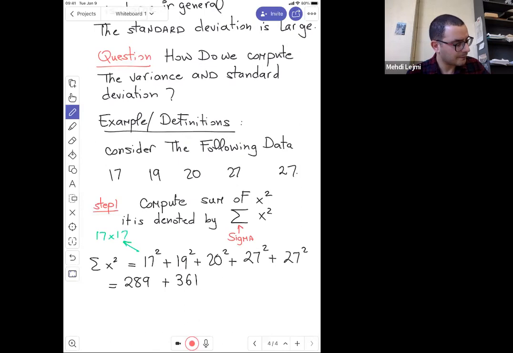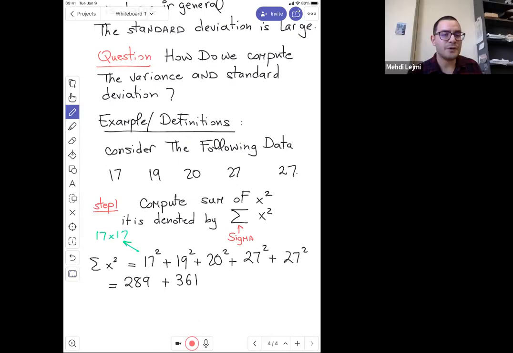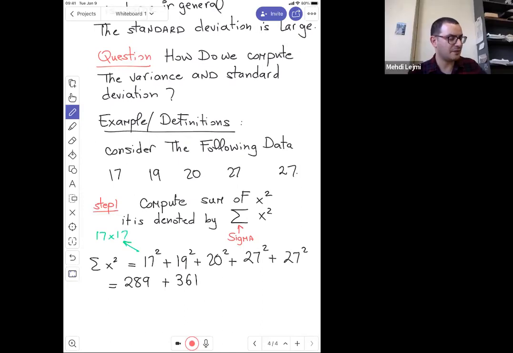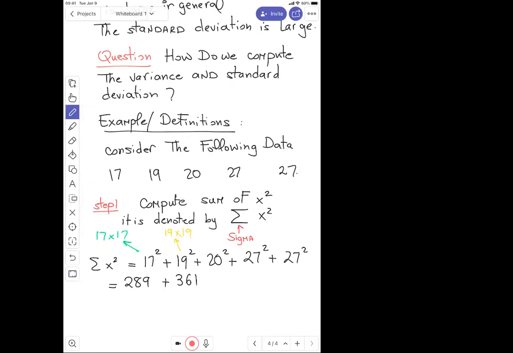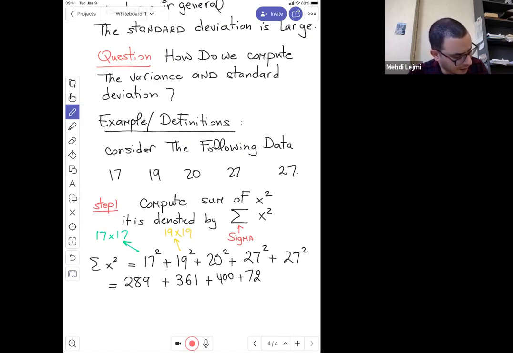361. Professor, the square means 1? No, square means you multiply the number by itself. Oh, okay. So 17 square is 17 times 17, 19 square is 19 times 19, etc. 20 square is 20 times 20, and that'll be 400. 27 square is 27 times 27, and that's, I think, 729.